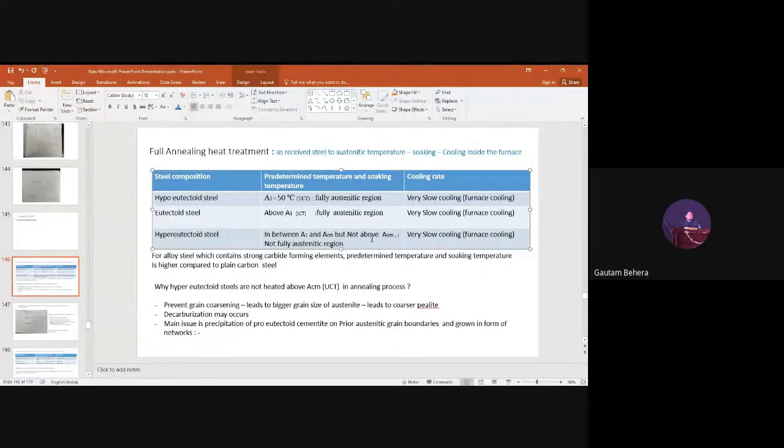Partial annealing, right? This one is full annealing, this one is full annealing, but this one is partial, because the entire initial structure will not become austenite. So I have written not fully austenitic region here. And finally, the same furnace cooling will be done.